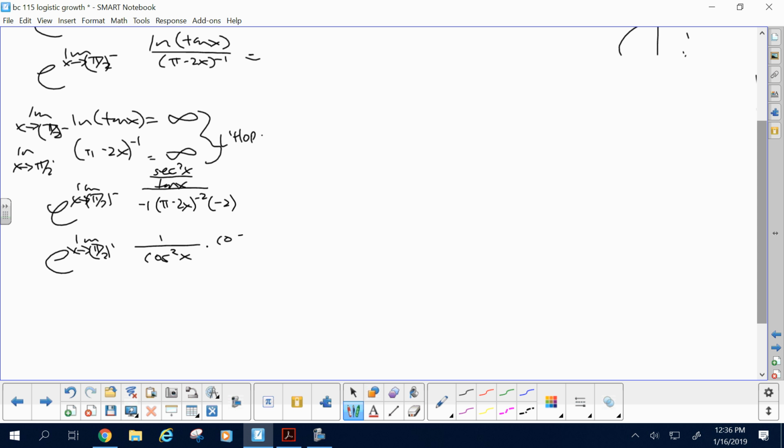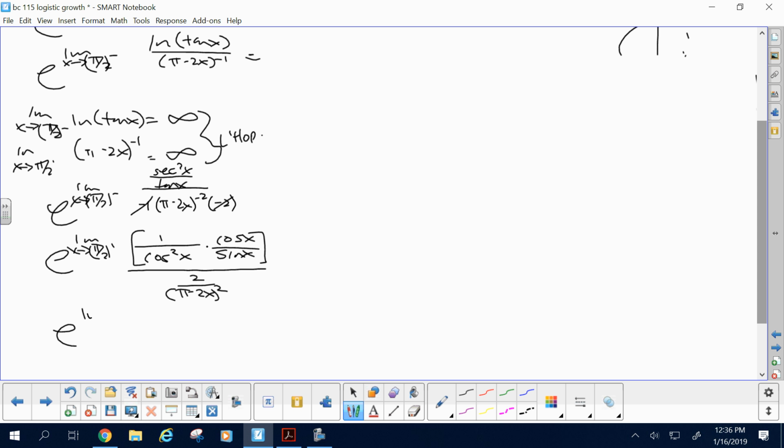So that's cosine over sine, if I'm not mistaken. And this stuff is a positive 2 over pi minus 2x squared? Are you with me? Do you agree with that? Okay.